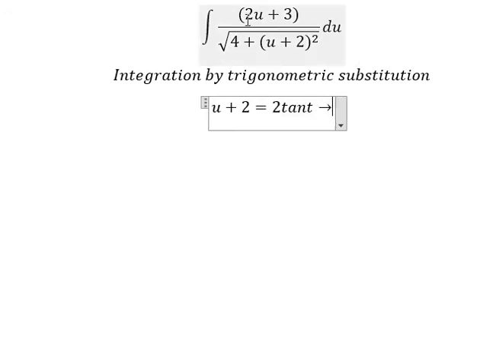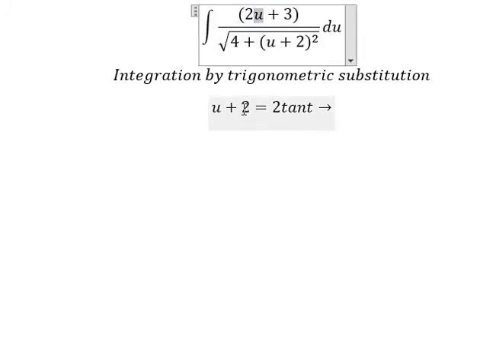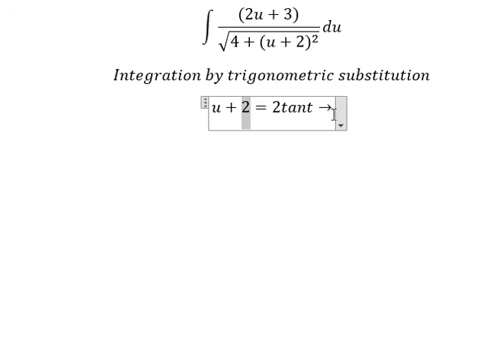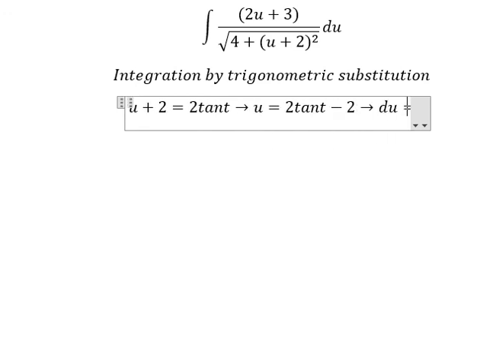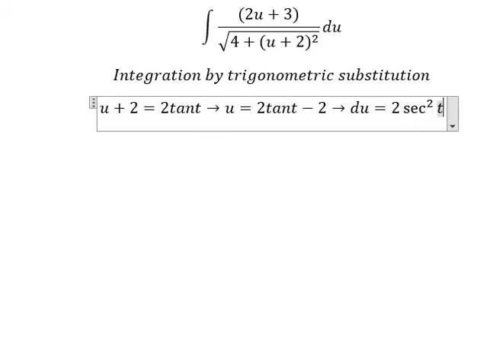Next, we see that 2u plus 3, we have u. So I will put number 2 in here. Next, we need to do the first derivative for both sides. First derivative of tan t, we have secant of t square.